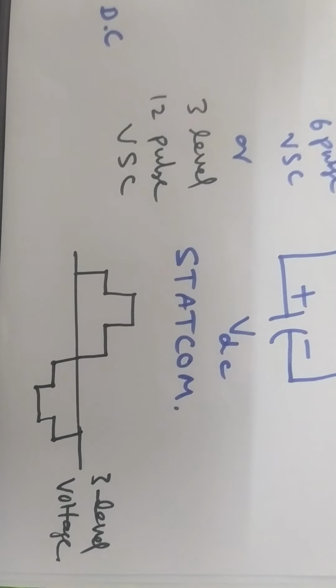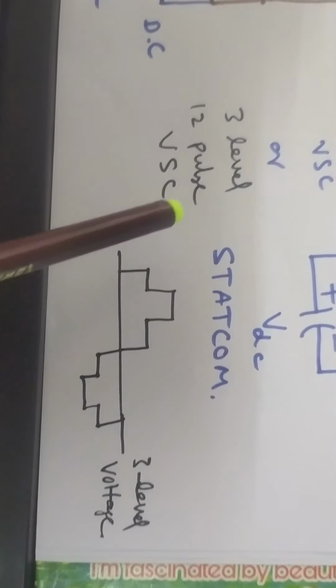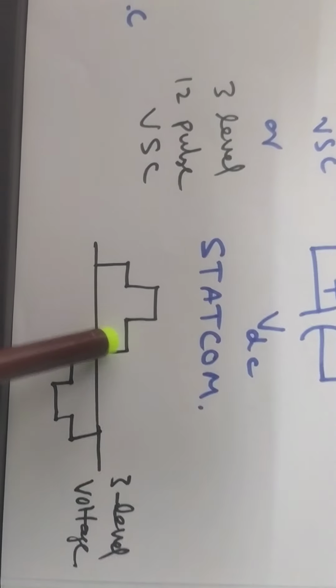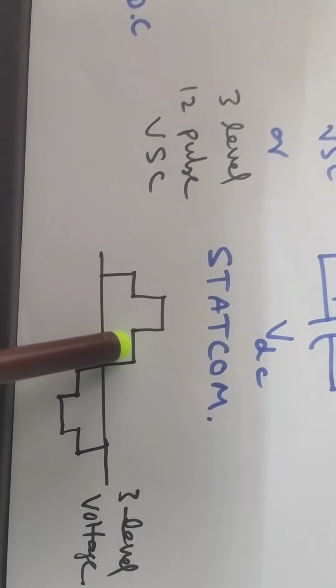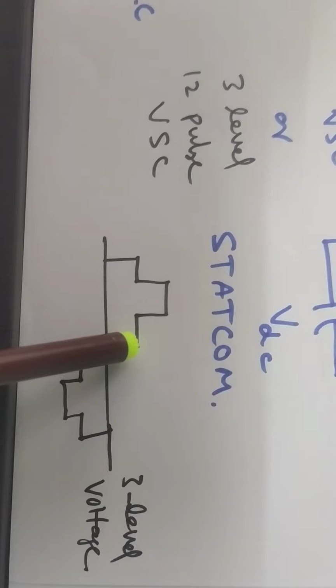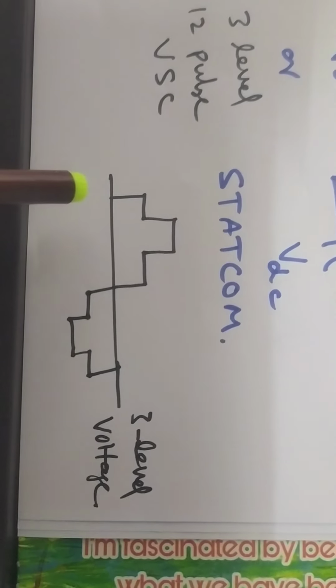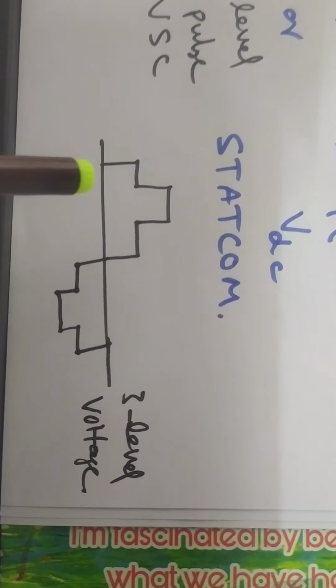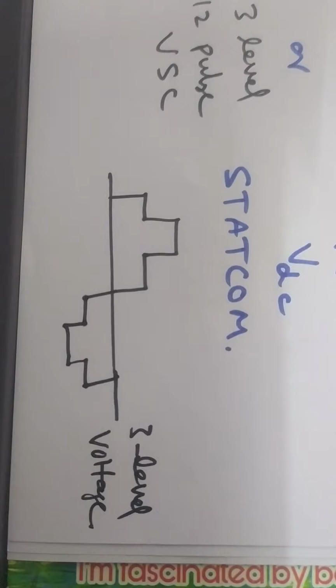So to reduce the cost, 2-level and 3-level are good enough for the VSCs. In order to change the output of VSC, the width of the output can be changed, or the magnitude can also be changed, which was explained in 2 different methods of internal control.